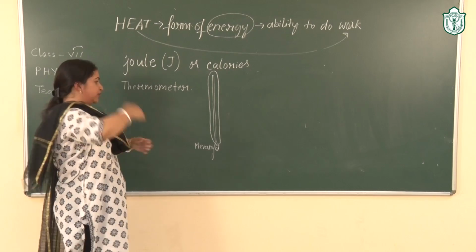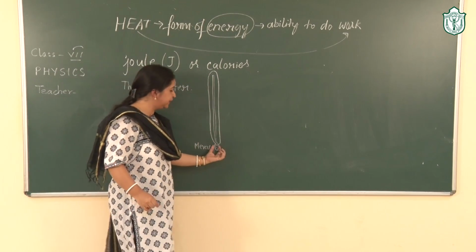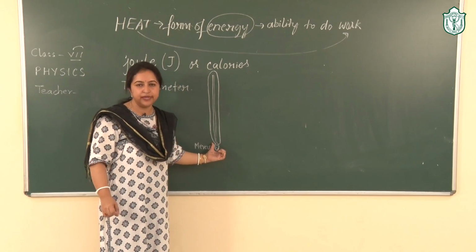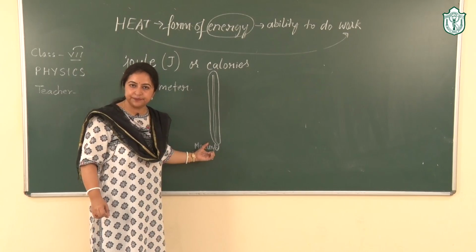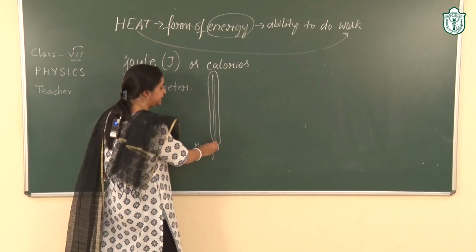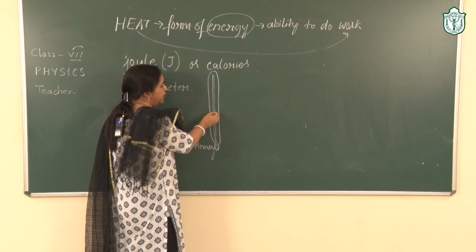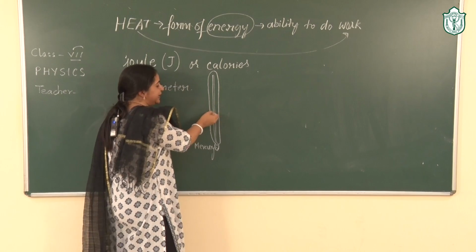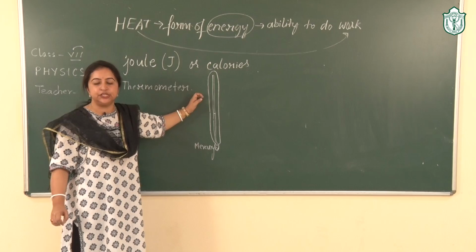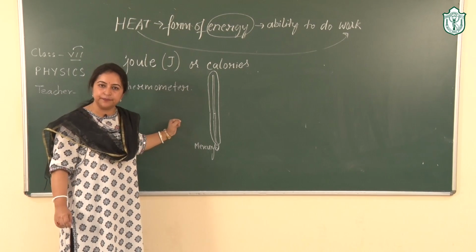The principle of working of a thermometer is that when this mercury, a liquid metal, is brought in contact with a hot body, it absorbs heat. As a result of thermal expansion, it expands and rises along this capillary tube. On reading the level of mercury in the capillary tube, we can infer the temperature of the body.